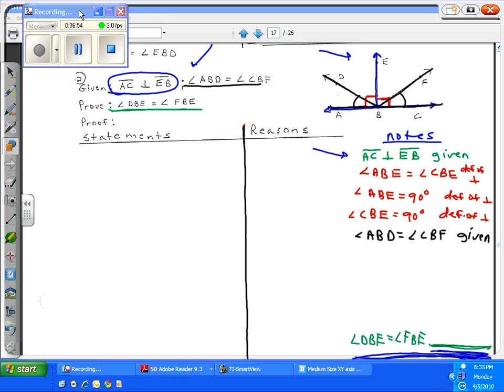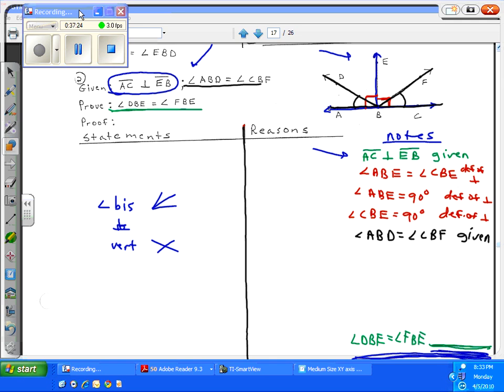Now, in case it didn't hit us, then we're going to brainstorm. We start going through the book. Undefined terms: point, line, plane, segment, ray, opposite rays, angle, angle bisector. That gives us two equal angles. Perpendicular lines: equal adjacent 90-degree angles.